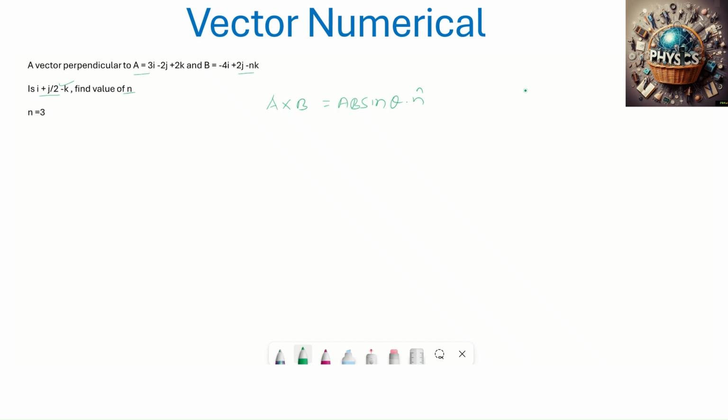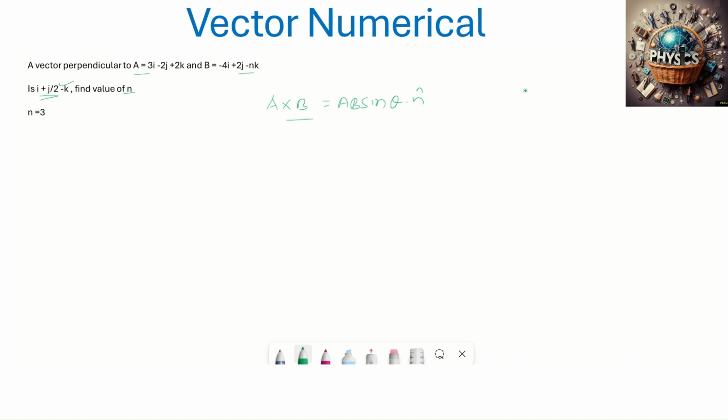What is this n cap? n cap is nothing but the unit vector perpendicular to the plane containing A and B, whereas AB sin theta signifies the magnitude of that vector. So if we find the cross product and correlate the outcome with these values, then probably we will be able to find the value of n. So let's try that way.